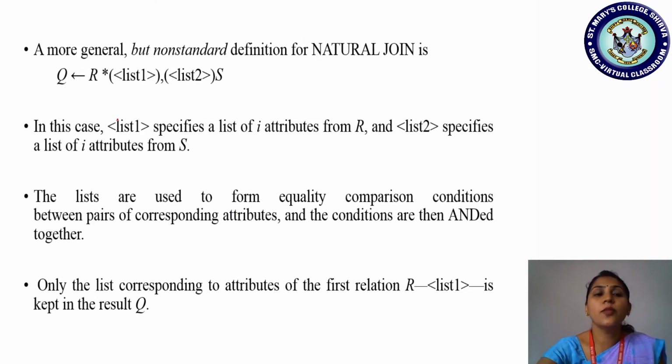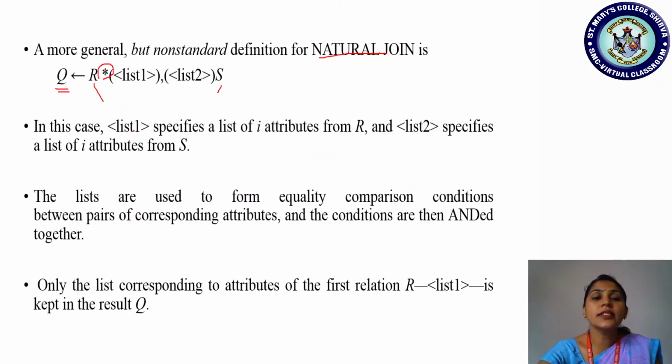Just check out here the more general but non-standard definition for natural join. This is a result relation Q, binary relation R and binary relation S, and list 1 comma list 2. So you are applying natural join for R and S, and in natural join both the relations should have a common attribute name, right?